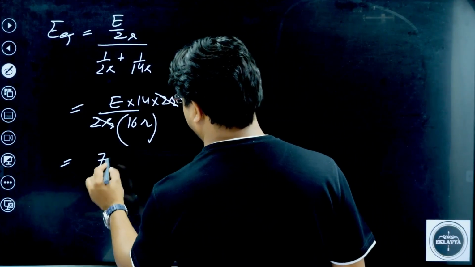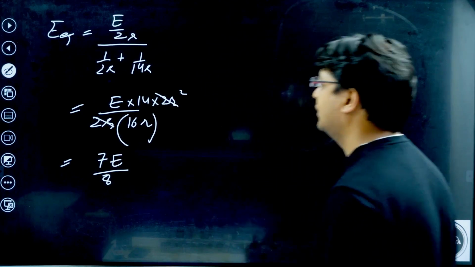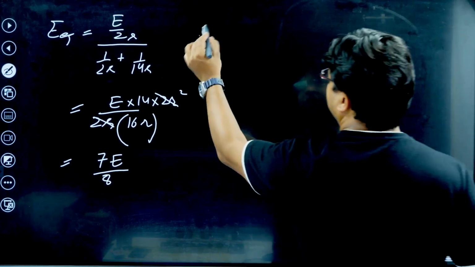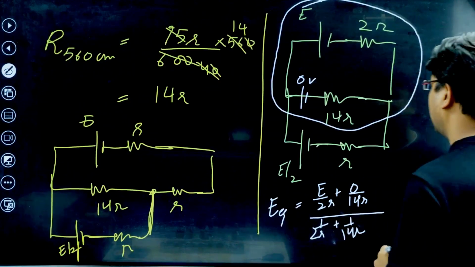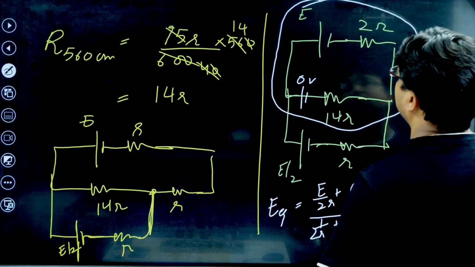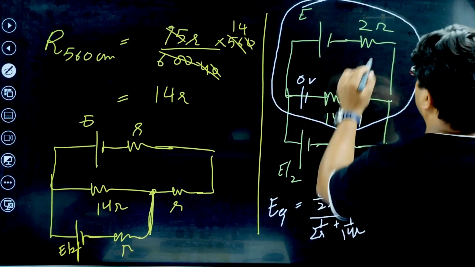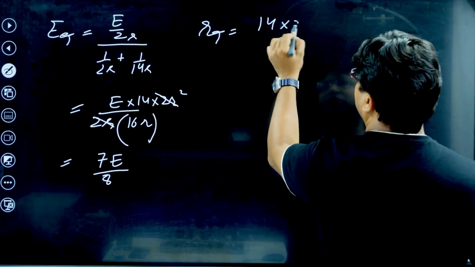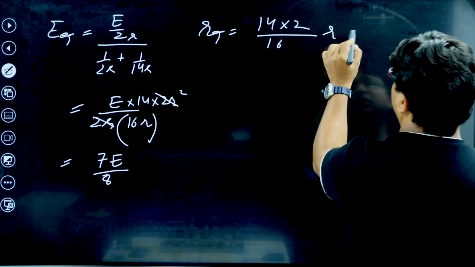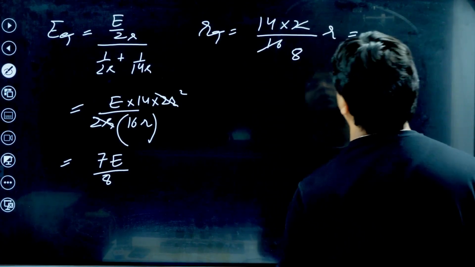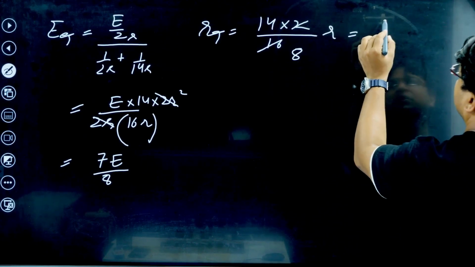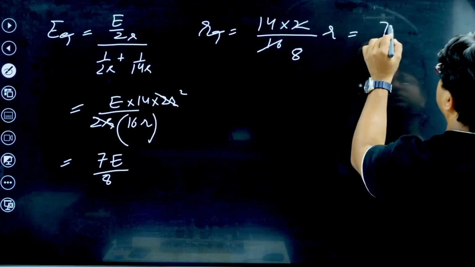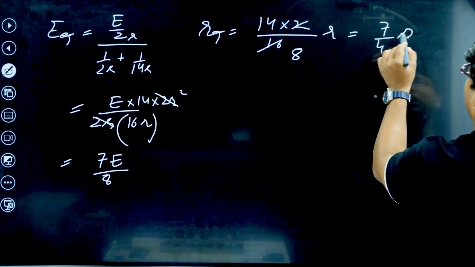So we get 7E by 8. Then the equivalent R would be 14 and 2 in parallel, so 14 into 2 upon 16R, which becomes 7 by 4 R.